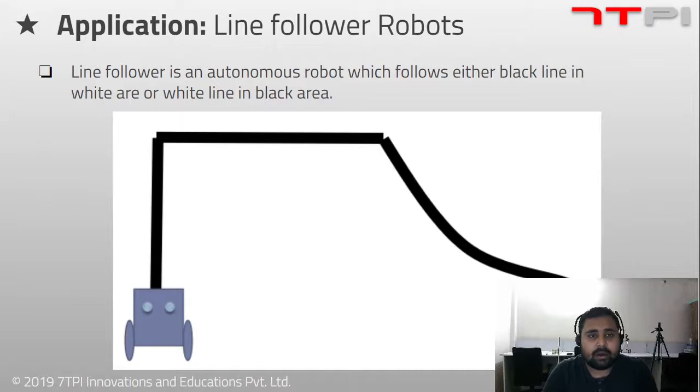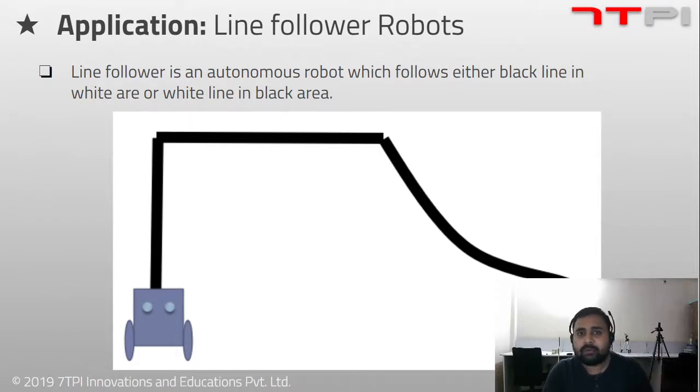If you put the robot on a completely white surface or a completely different surface, it will not be able to perform any movement. Even if it is moving, it will move here and there and will not serve the purpose, right? For that reason this is called a semi-autonomous robot.